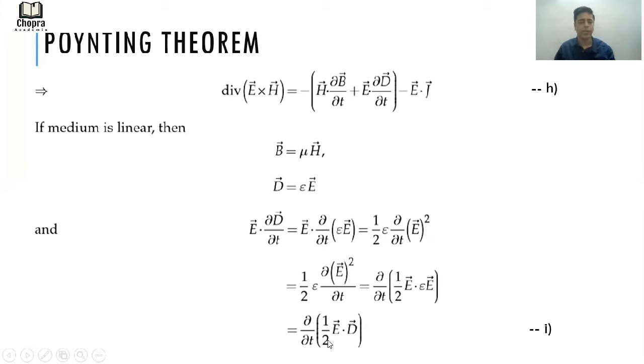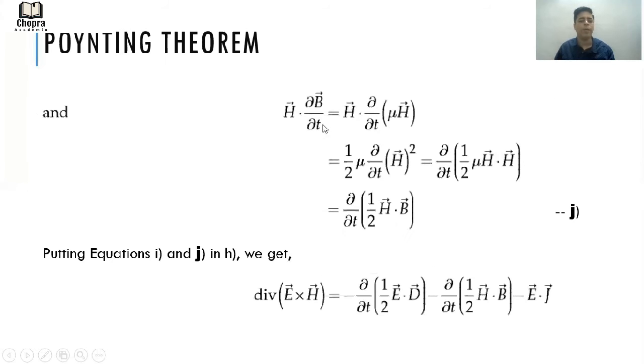That is D. So I get this E dot dou D by dou T to be dou by dou T of half E dot D. That is equation number I. Similarly, I do for the first term, that is H dot dou B by dou T. I write it as H dot dou by dou T of mu H, which again can be written as half of mu dou by dou T of H square, or I write this as H dot H and I take mu inside. So I have say mu H dot H. So this becomes dou by dou T of half H dot B.